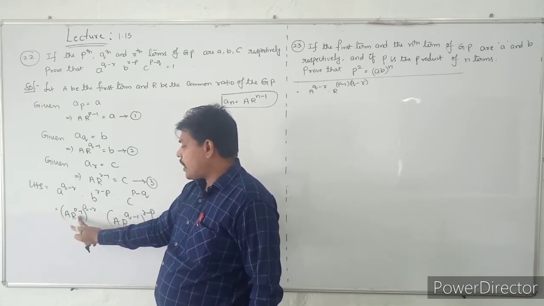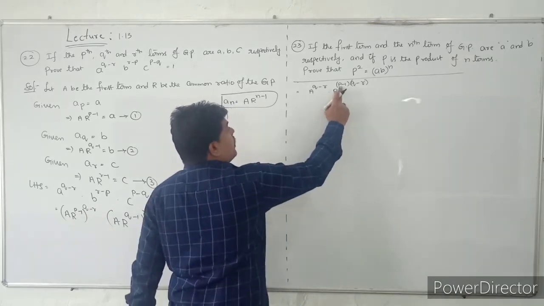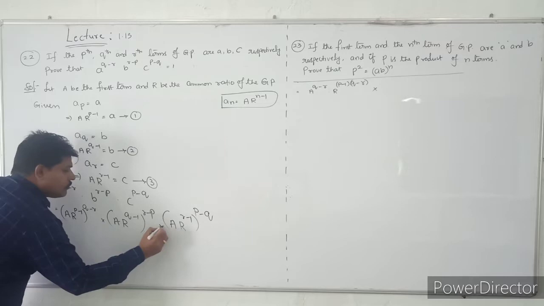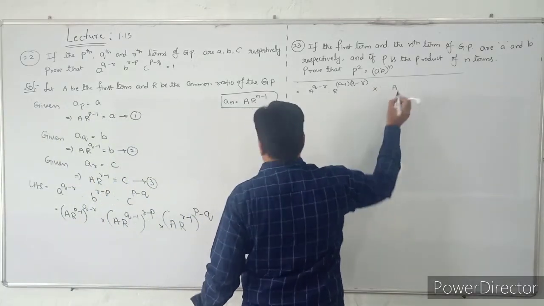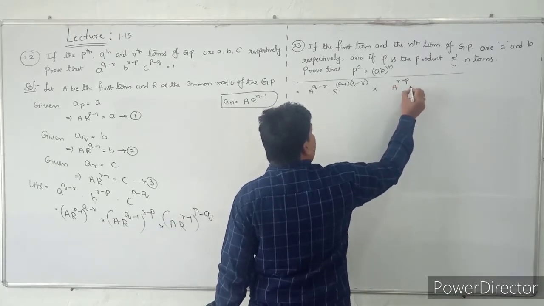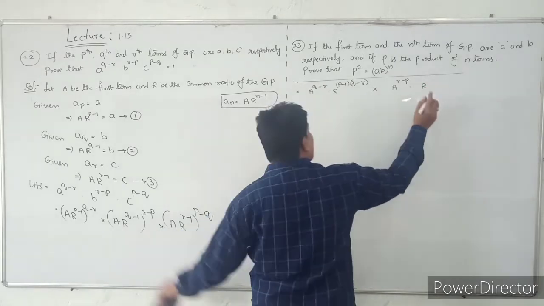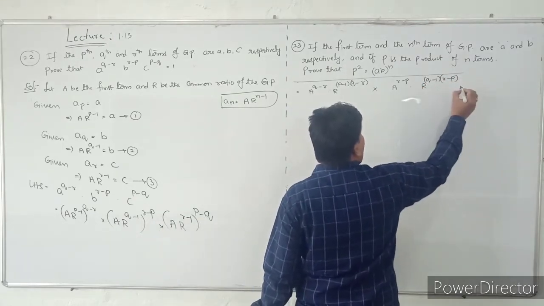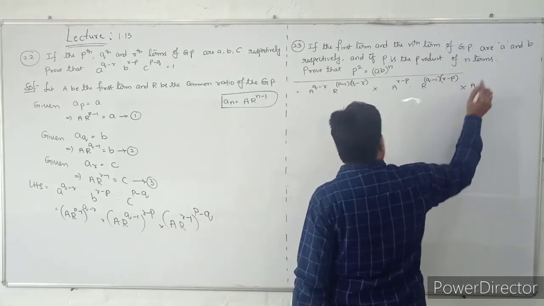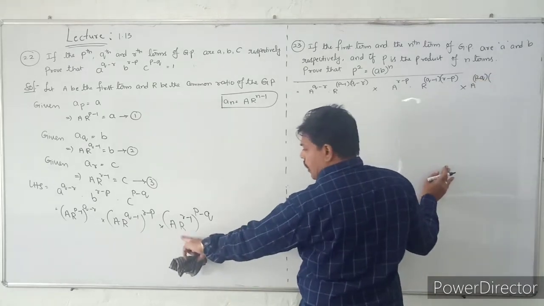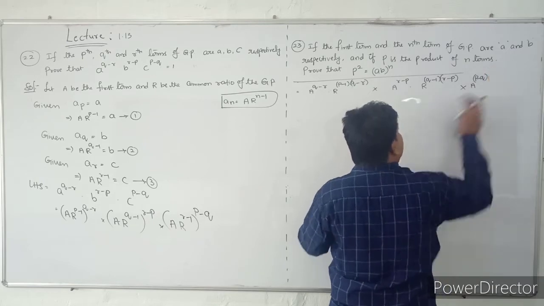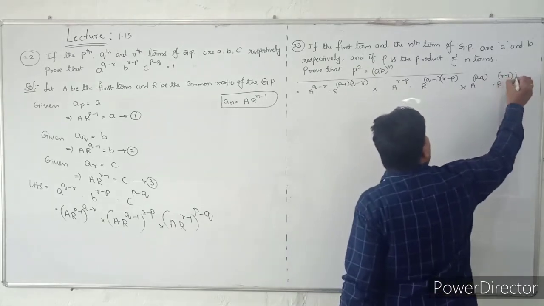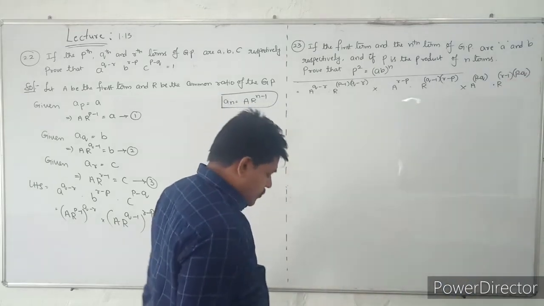Similarly, R power P minus 1 whole power Q minus R is R power P minus 1 into Q minus R. Next, the second term is A power R minus P into R power Q minus 1 into R minus P. Next, A power P minus Q into R power R minus 1 into P minus Q. So I have simplified the terms.